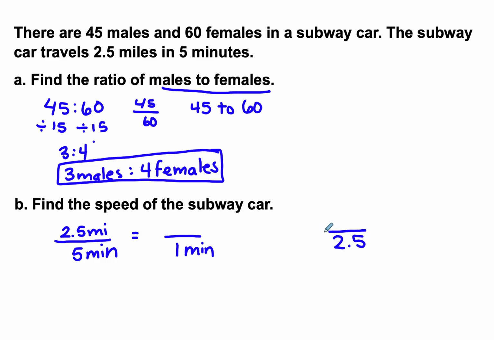So I'm going to do that work off to the side. 2.5 divided by 5. 5 goes into 2 0 times, but it does go into 25 5 times. 5 times 5 is 25.